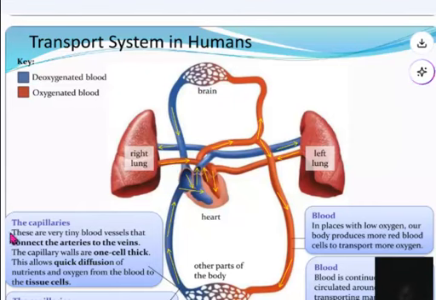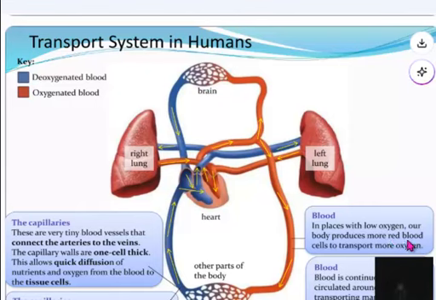Now the capillaries are very tiny blood vessels that connect the arteries to the veins. The capillary walls are one cell thick. This allows quick diffusion of nutrients and oxygen from the blood to the tissue cells. In places with low oxygen, our body produces more red blood cells to transport more oxygen.